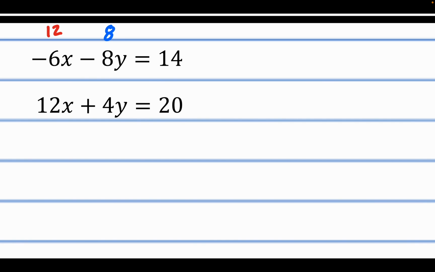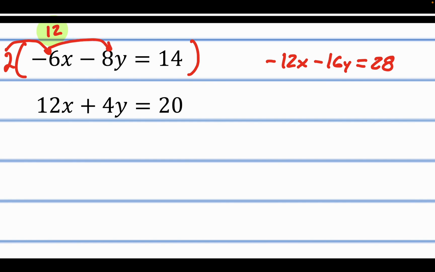Looking at the problem, I would probably make the 6 become a 12. So my choice would be for that one. And to make that top equation become a 12x, I'm going to multiply by 2. That gives me a negative 12x minus 16y equals 28, because this 2 multiplies all 3 numbers inside the problem.